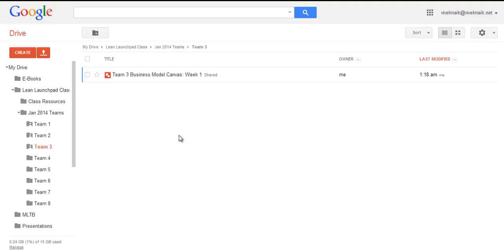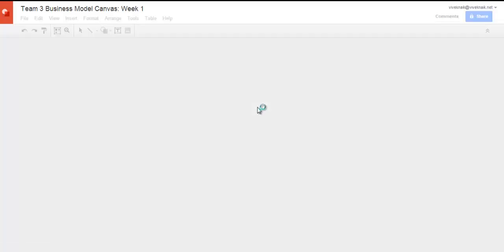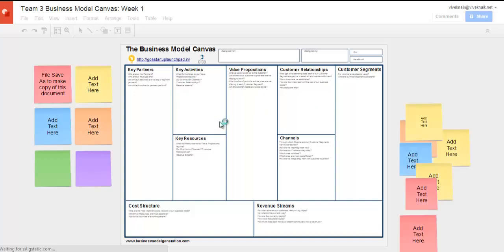We'll work on one of the business ideas in the class. When you open your Google Docs, in your folder, you should see your business model canvas link, and click on that. It should open up your business model, which is currently blank. We'll use the idea shared by one of the teams to build corrugated boxes for other manufacturers, and you'll develop the business model canvas based on that.